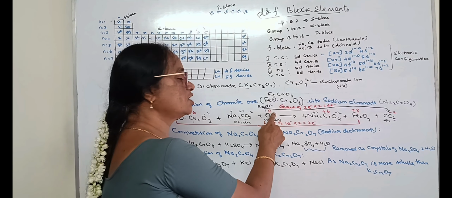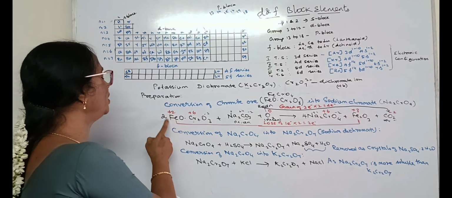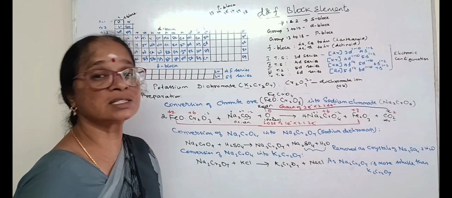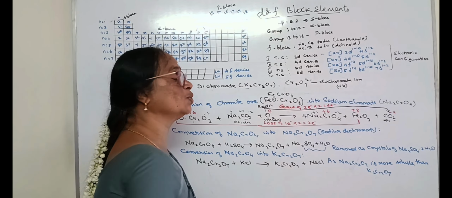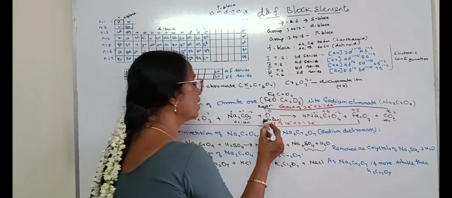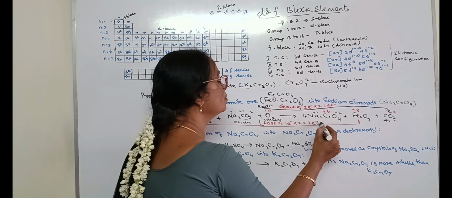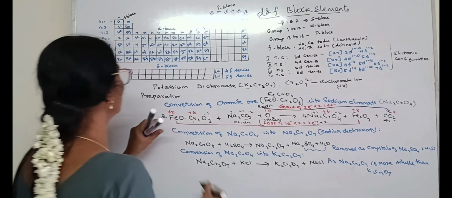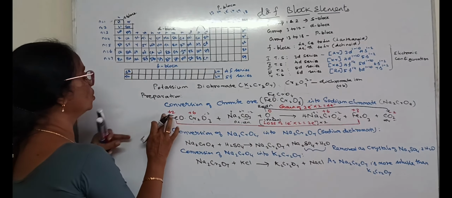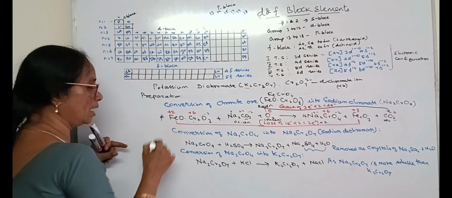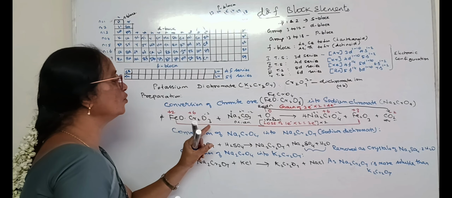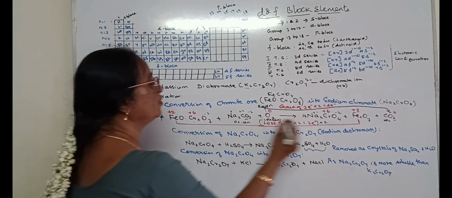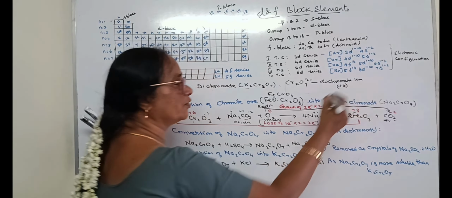If it needs 4 electrons, those 4 electrons must be given by iron. So to balance it, once again this number is multiplied by 2. When it is multiplied by 2, here 2 into 2, this becomes 4 times. So 4FeO, and here 4Fe, you can write it as 2Fe2O3.